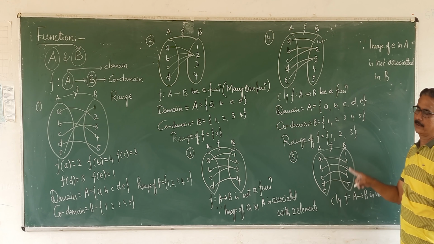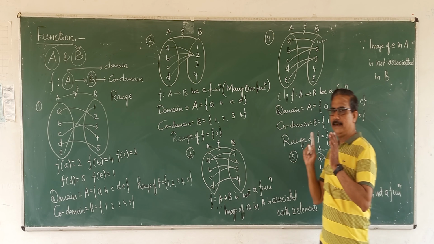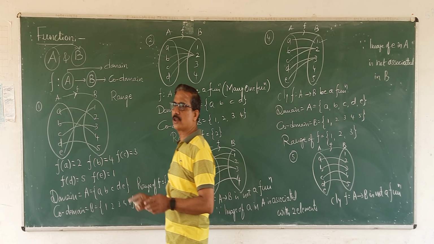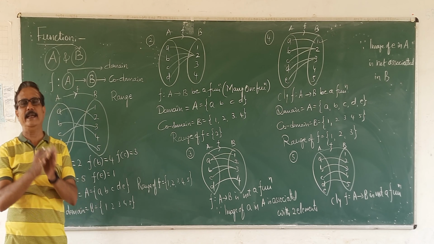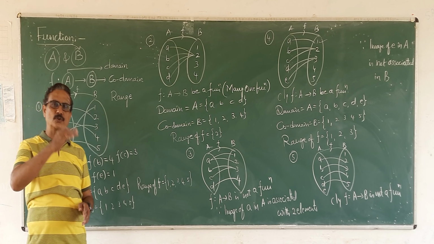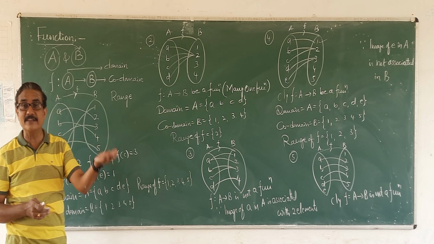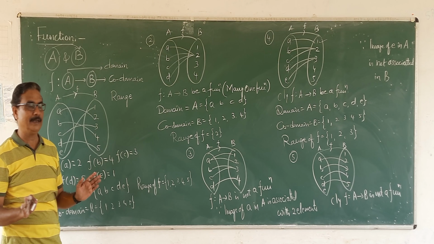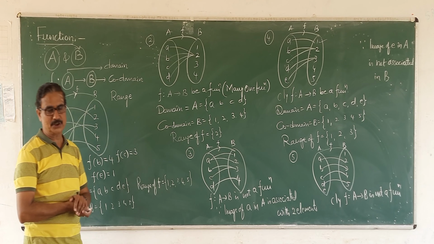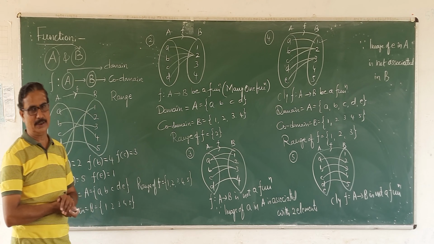Remember, function means what? It is a rule in which all the elements of a set are associated with a unique element in the set B. This special type of relation is called a function.